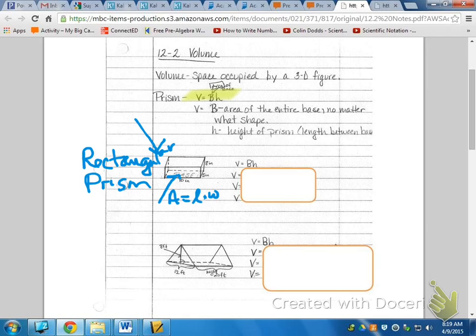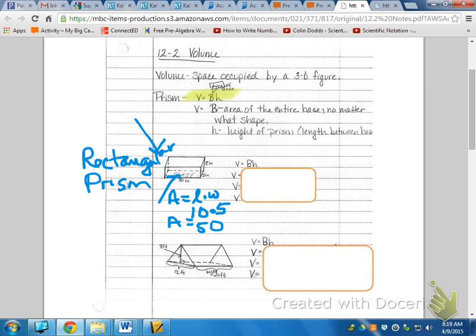So look at my base. It's where it's sitting. What is the length of that base? 10. And what is the width? 5. So what is the area of that base? 50.